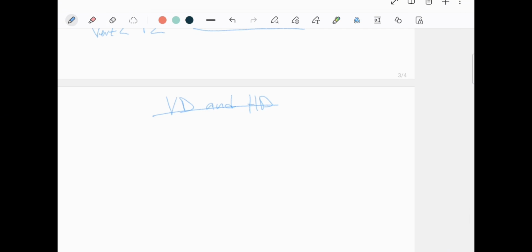So now we have to find our VD and our HD. With this practical, you have 2 vertical angles, so you find your VD and HD for M, and also for T2. But remember our point of interest is T2.